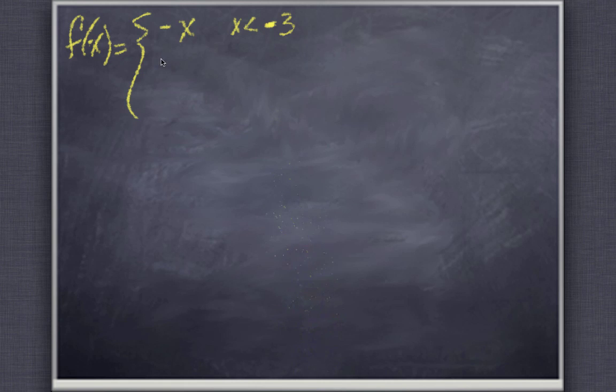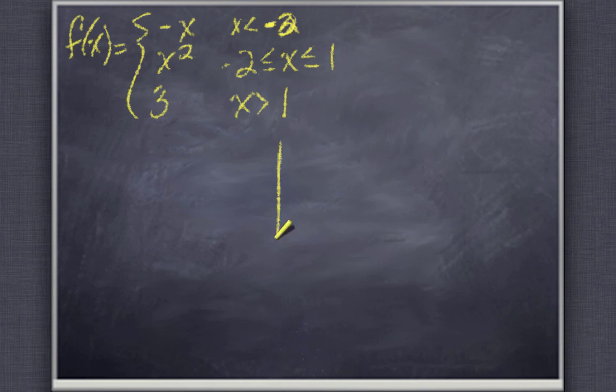And then the next one, maybe, let me make this negative 2 actually. The next one might be x squared, and it'll go from negative 2 inclusive up to, say, 1. And then let's say f of x is just 3 after that.